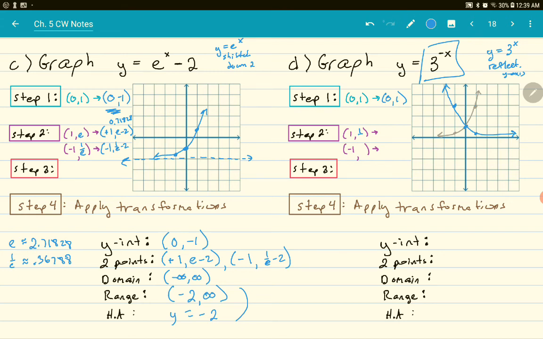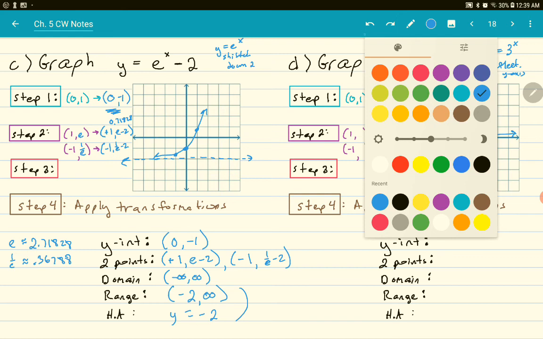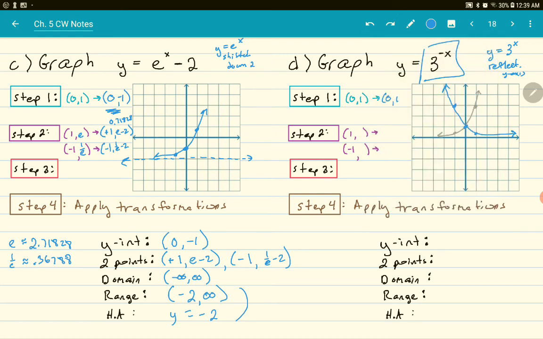That's my parent function. In my parent function, it was b and 1 over b. But in this function, it's going to be the reciprocal of that because it's negative x.